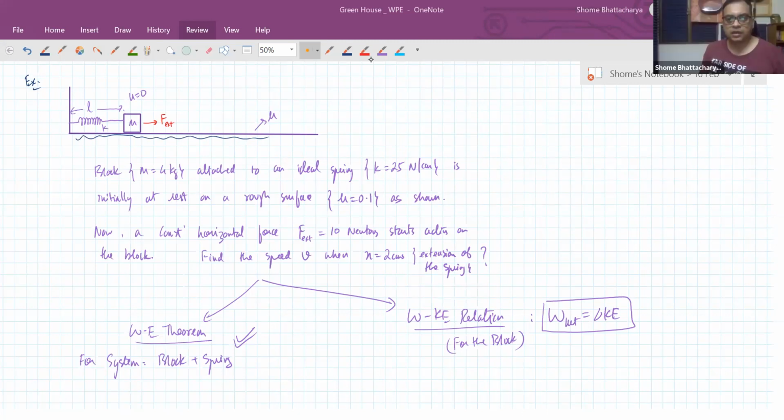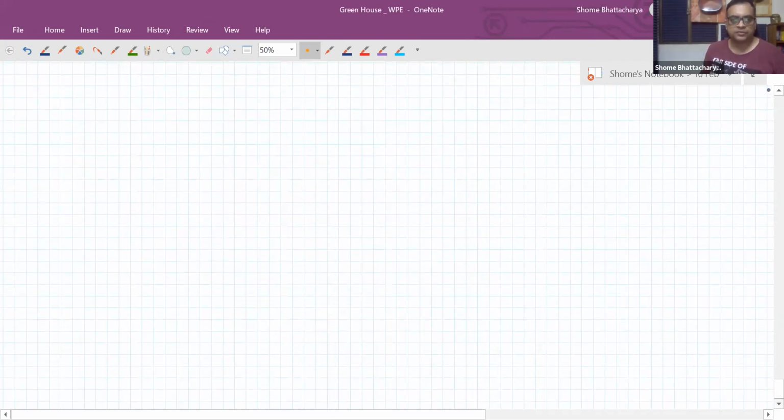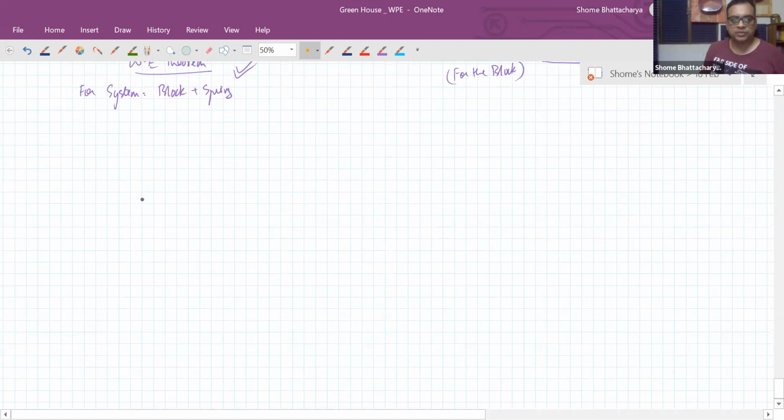Now we'll see through this question how exactly the work energy theorem can be applied. Let us first go by the work energy theorem method. We are taking our system as the block plus the spring.